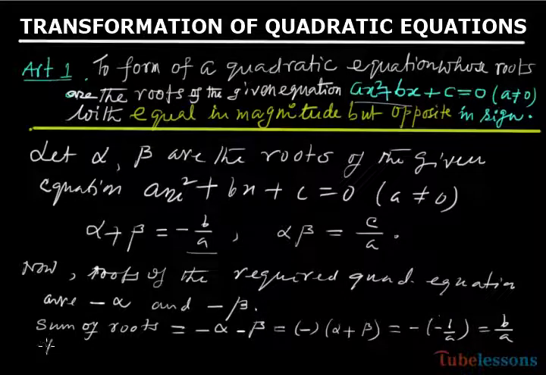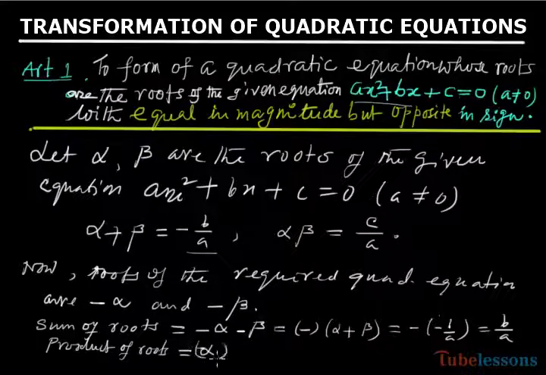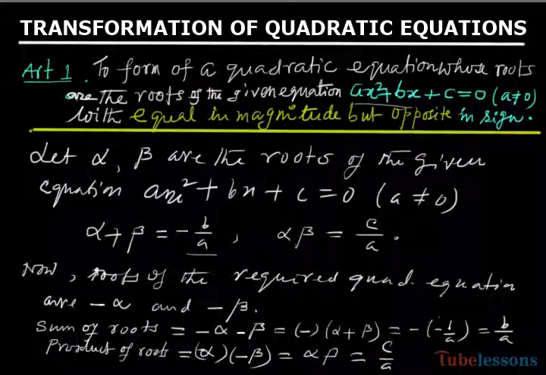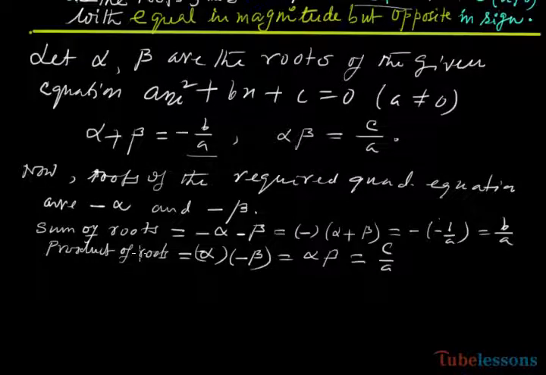Product: minus alpha into minus beta, so it becomes plus of alpha beta and the value is c by a. And so we got the sum of the roots and product of the roots.